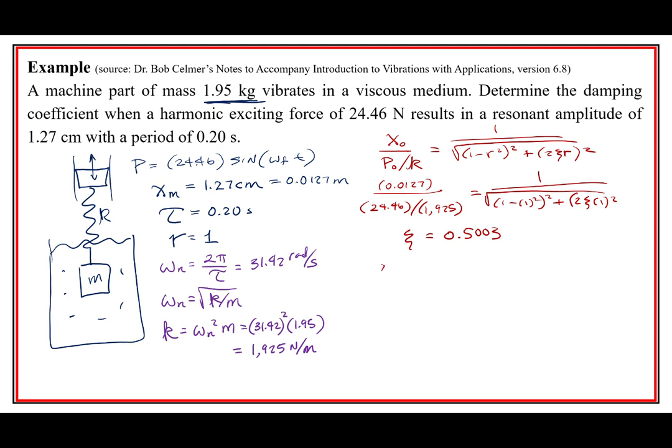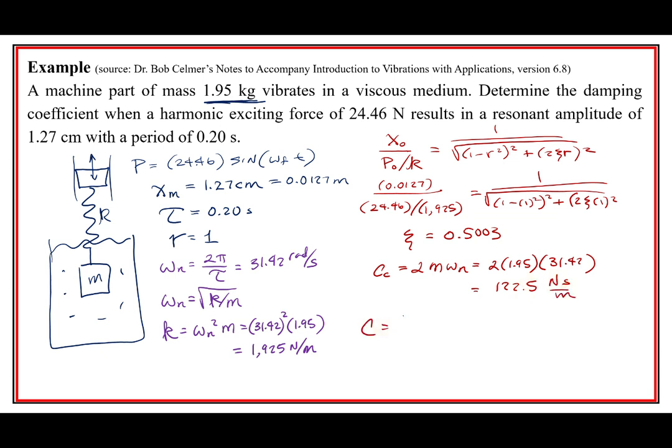And so we do know that the critical damping coefficient is 2m omega n, which is 2 times 1.95 times 31.42, and that ends up equaling 122.5, and these are newton seconds per meter.